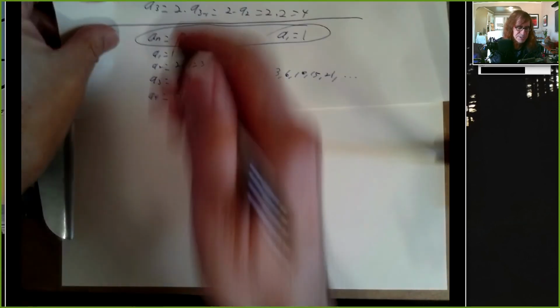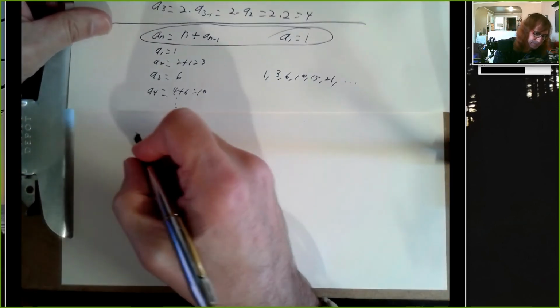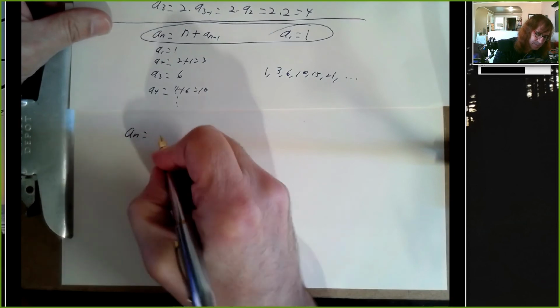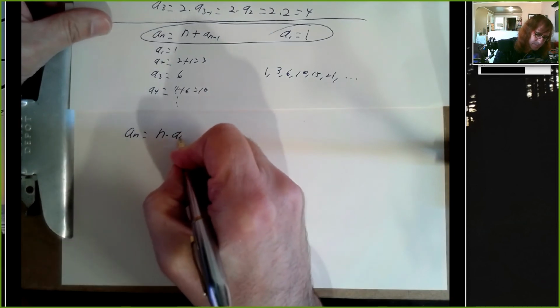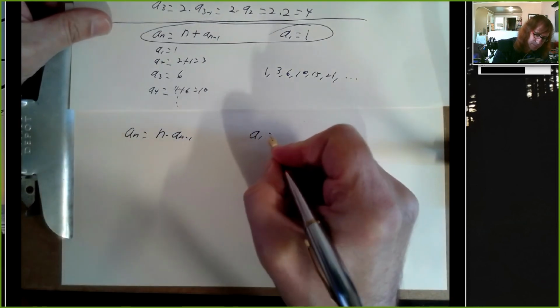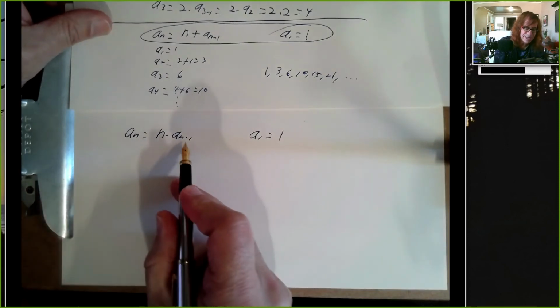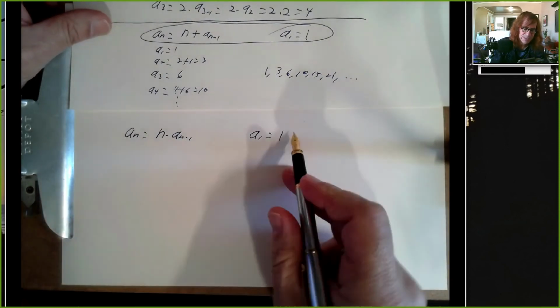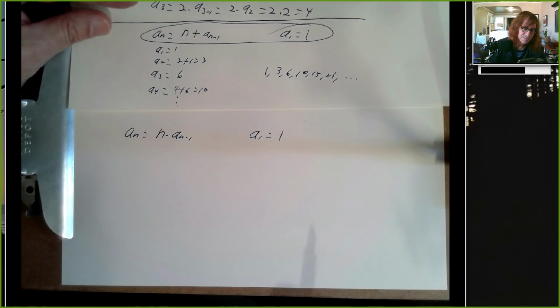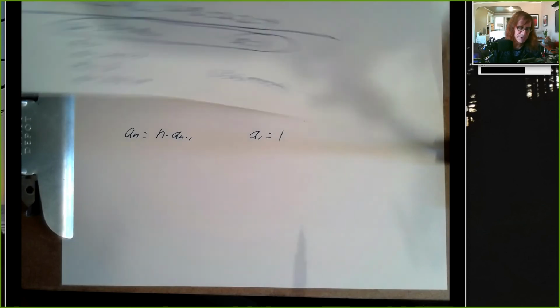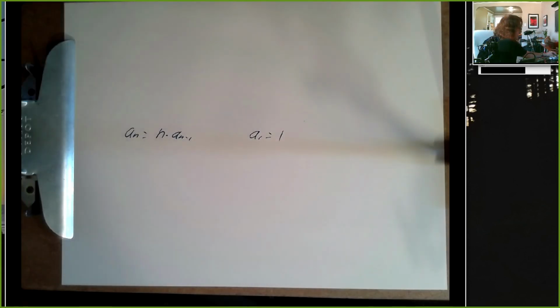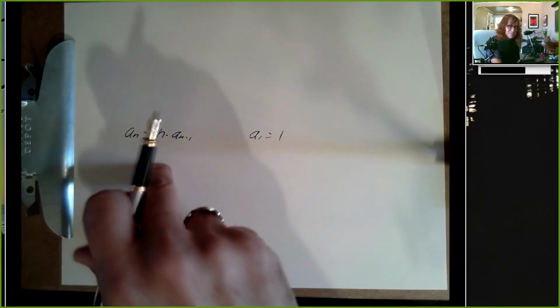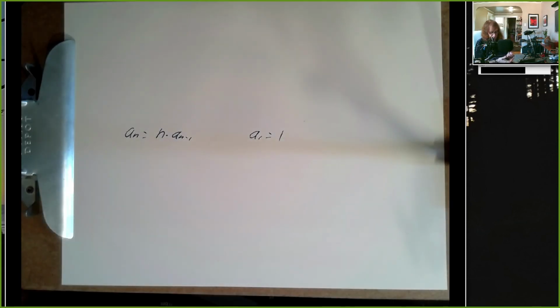Let me change this example slightly. an equals n times an minus 1, and a1 is equal to 1. So play around with that for a minute, write out some examples, and somebody tell me what this sequence corresponds to.